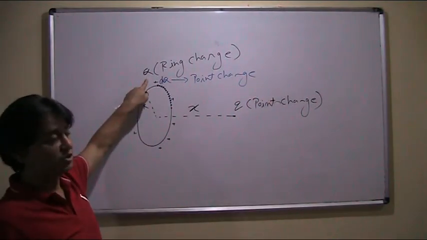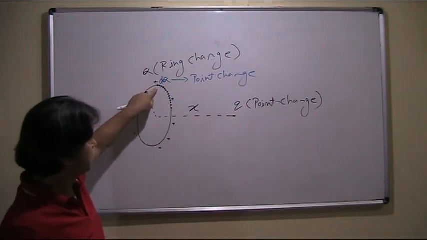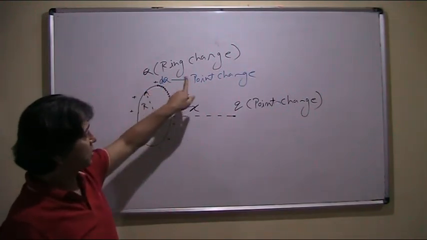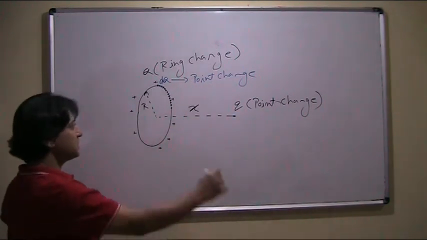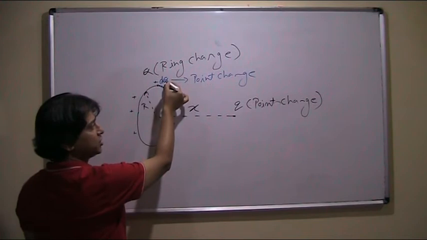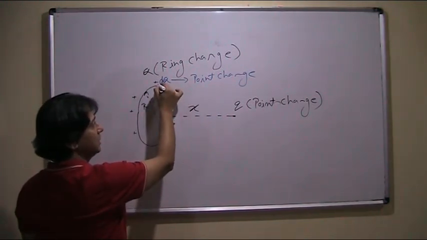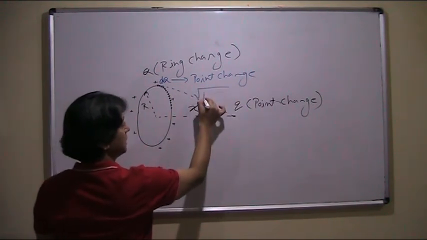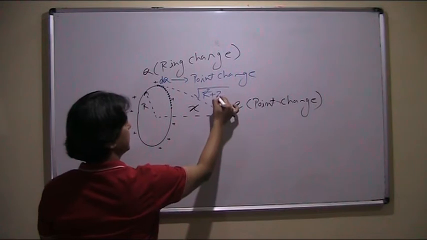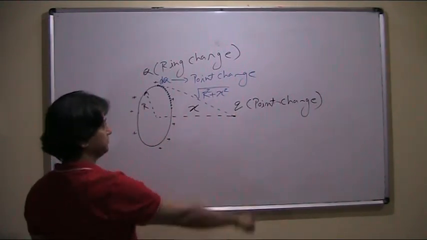Remember, Q is a ring charge and dq is just a point, and therefore is called a point charge. Any point charge on the ring is at a distance of root over r square plus x square from this point charge q.